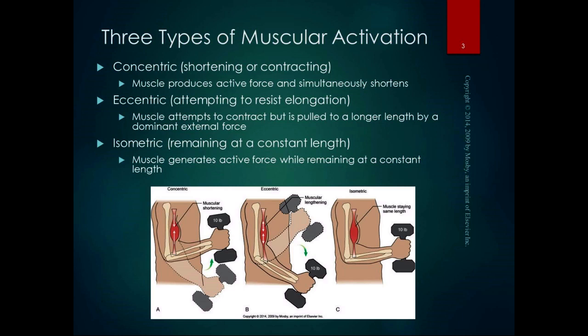So if you're holding a stack of books and walking down the hall, your muscles have to activate isometrically to hold on to those books and not drop them on the floor. If you do start to drop them, they're pulling down, well, they have to activate eccentrically to slow down that pull of gravity.